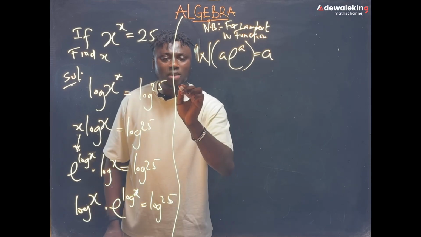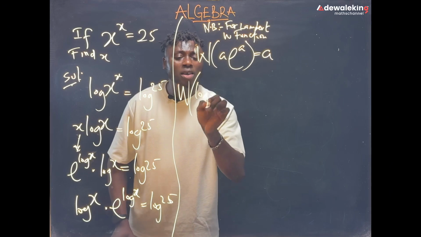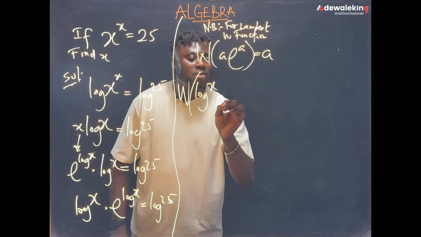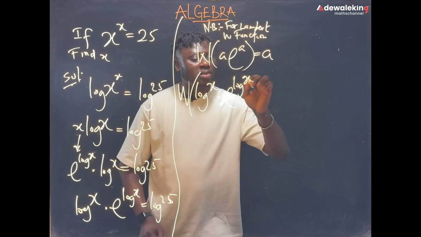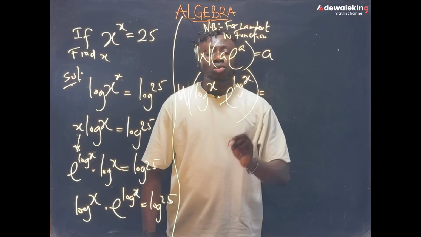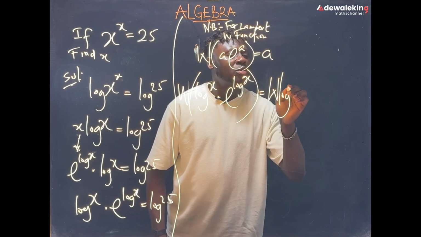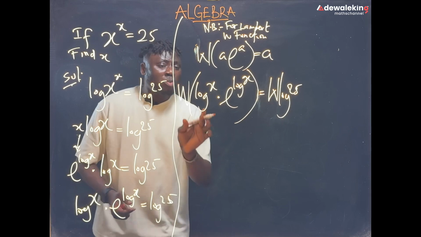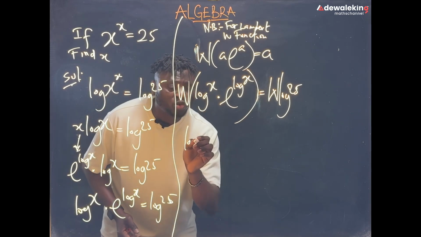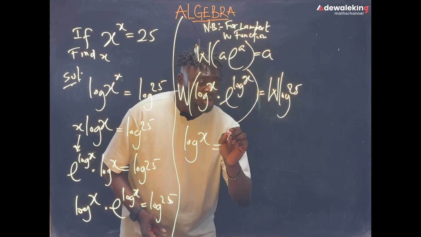So this will be W log x exponential log x, which is equal to W log 25.